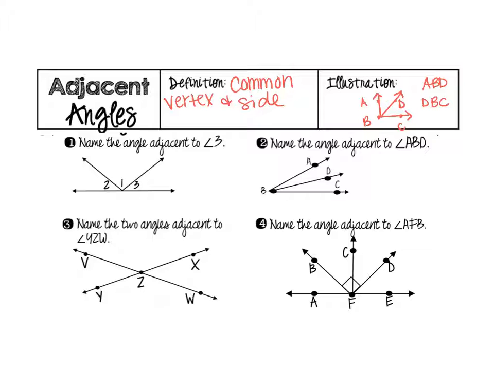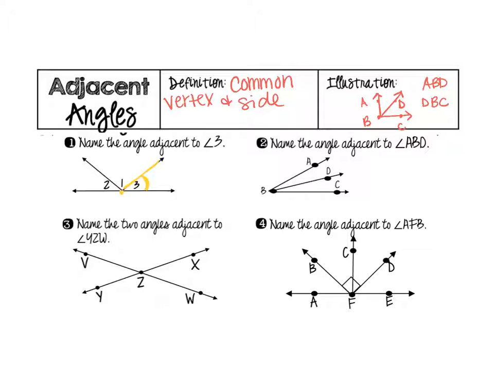So number 1 and 2 are just identifying angles. Try those on your own and then we'll go over them. Looking at number 1, I want the angle that's adjacent to angle 3. I want one that has a common vertex and a common side, which would be this side right here.